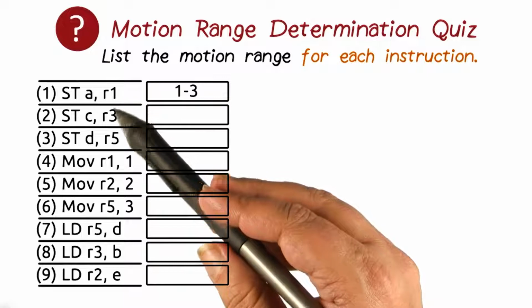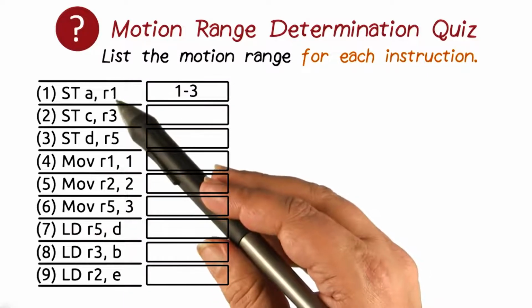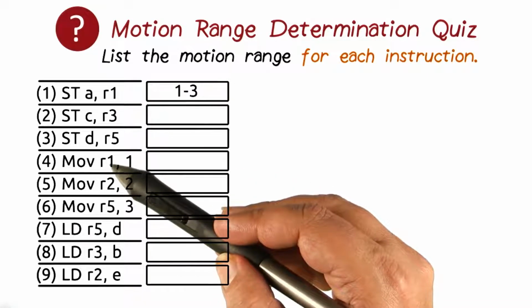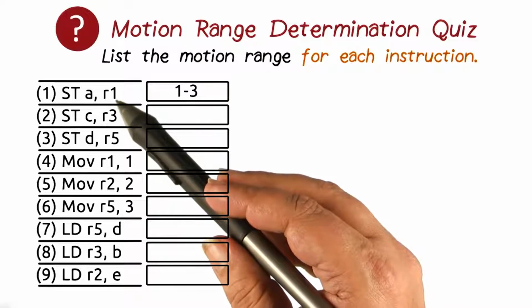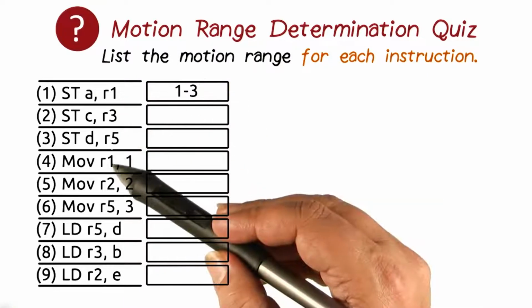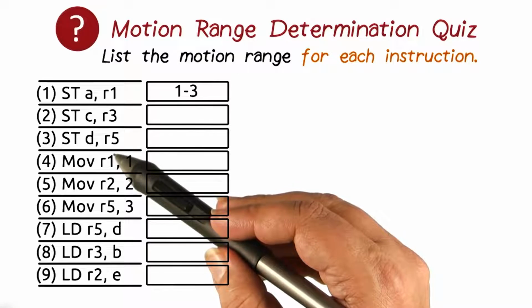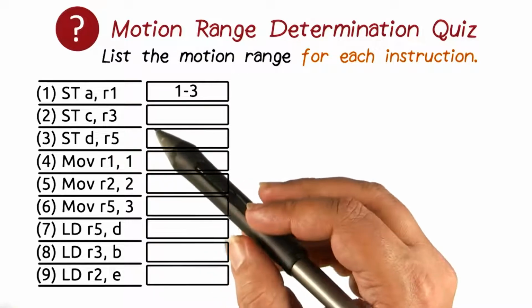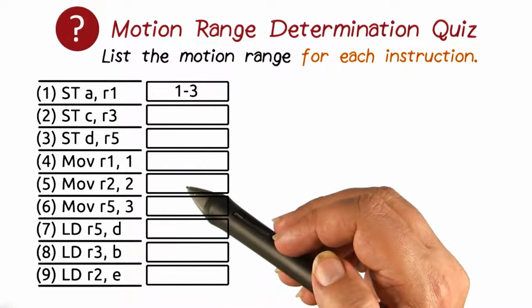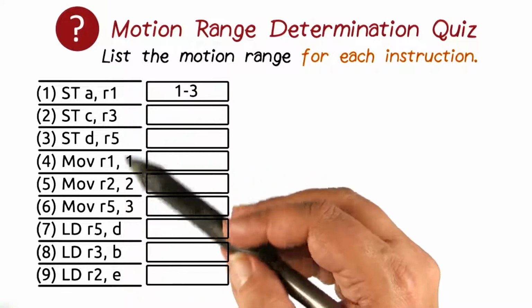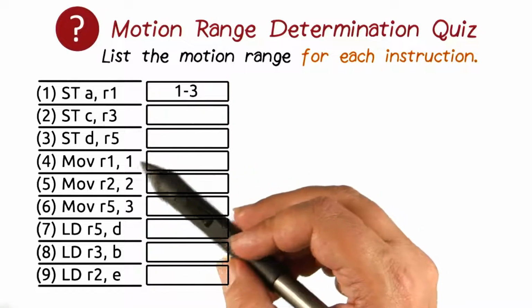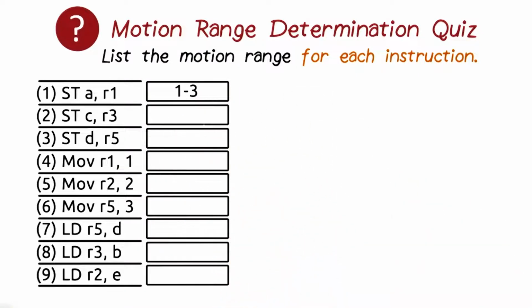We cannot push this below this because the register R1 is conflicting with R1 here. So this particular range can only be moved till the point of this particular R1. So we can put these instructions anywhere in between this range, but we cannot push it after R1. And that's the way we would like to do this motion range determination.